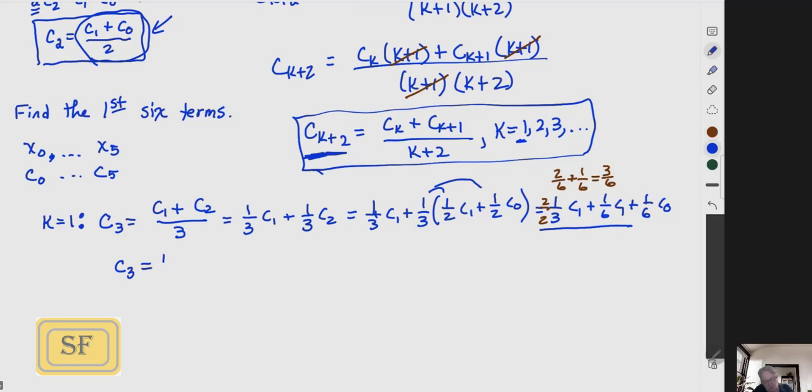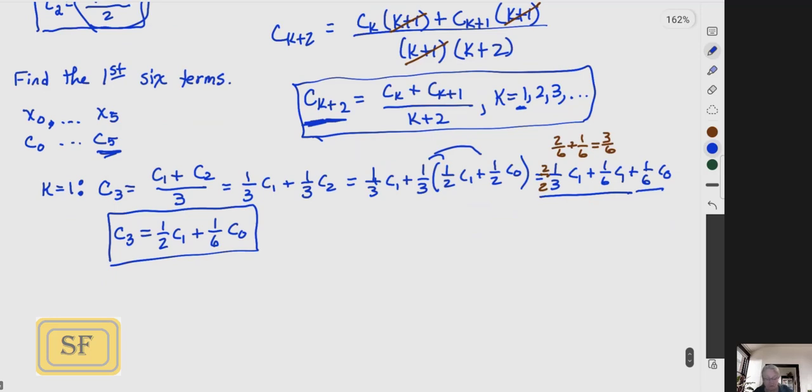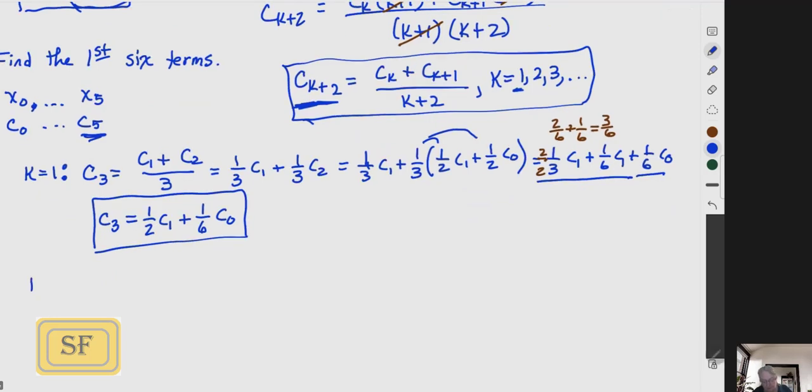So that's going to give me 1/2 C1 plus 1/6 C0. So the good part here is that I'm already at C3 and I only have to go to C5. So I only need two more coefficients. The bad part is we have fractions. So we just have to deal with them.